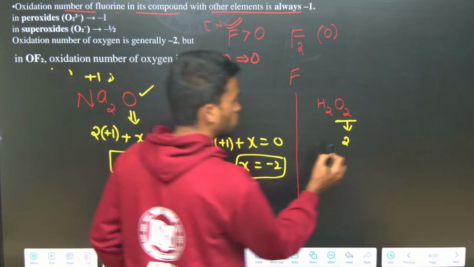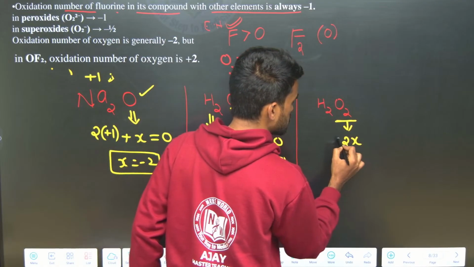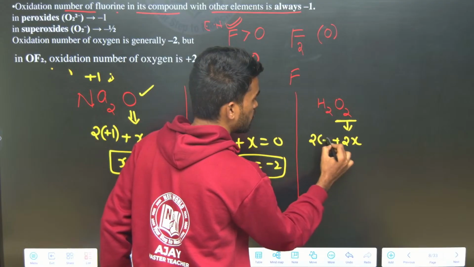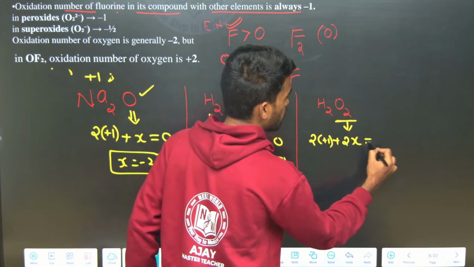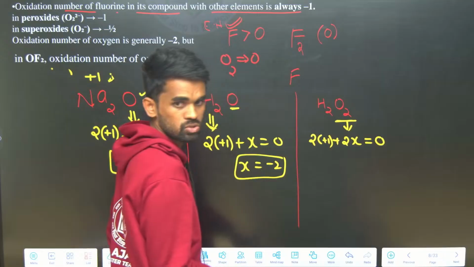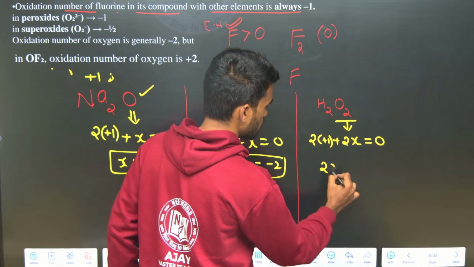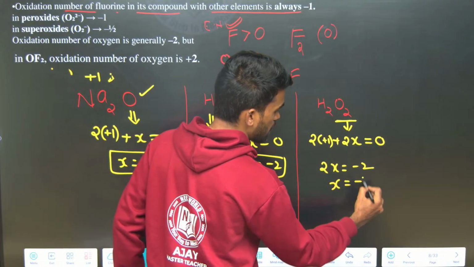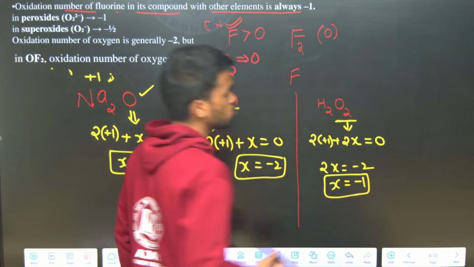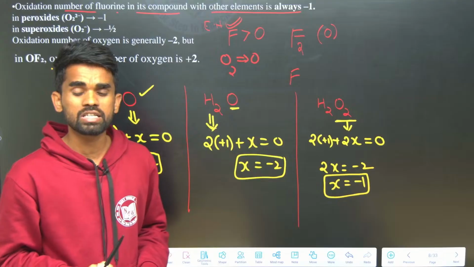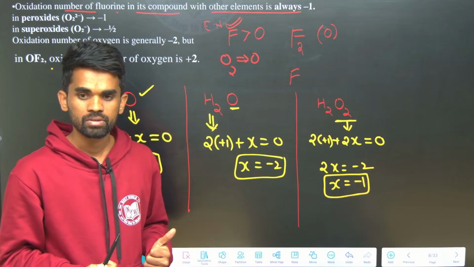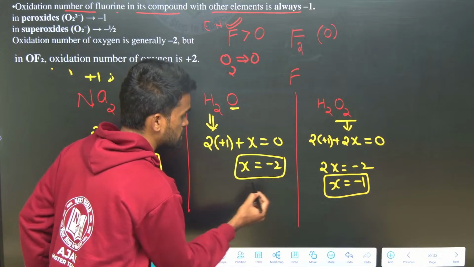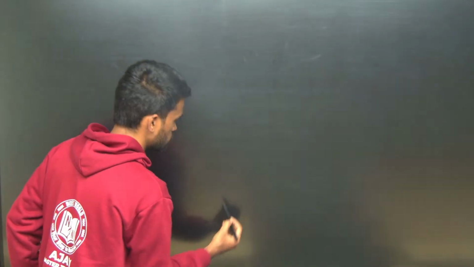I can take it as 2x plus 2 hydrogen atoms, each one having +1, and the overall molecule is neutral, so equals 0. So 2x will be -2, and x, the charge of one oxygen atom, is -1. So in peroxide, what is the oxidation state of oxygen? -1.